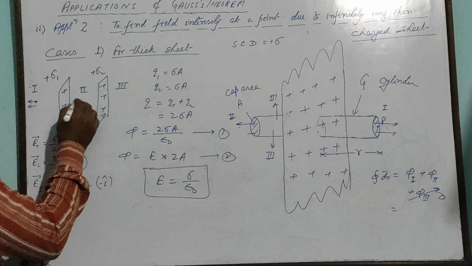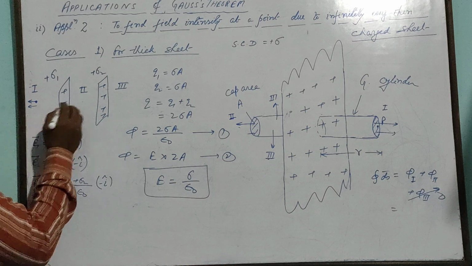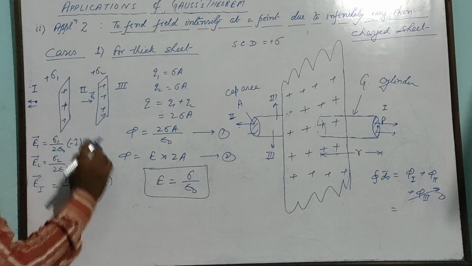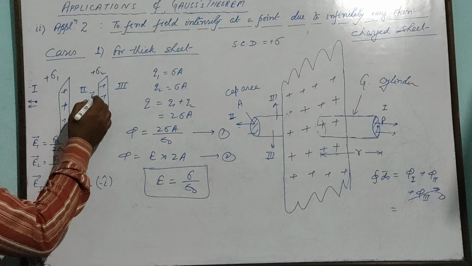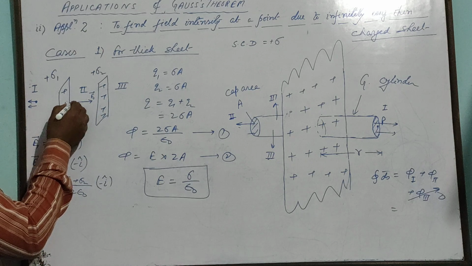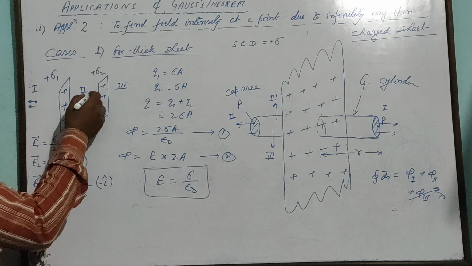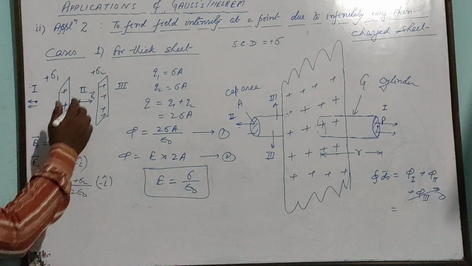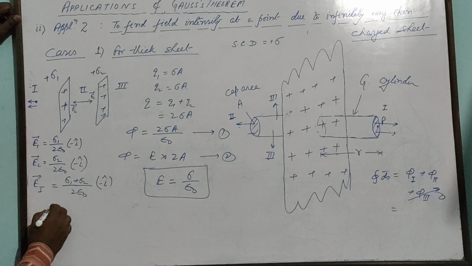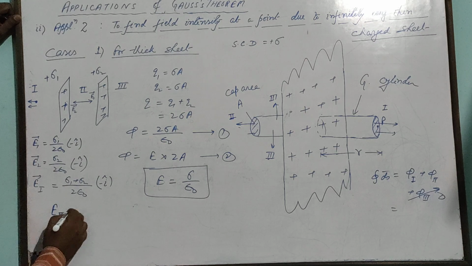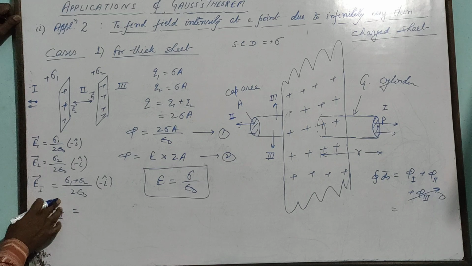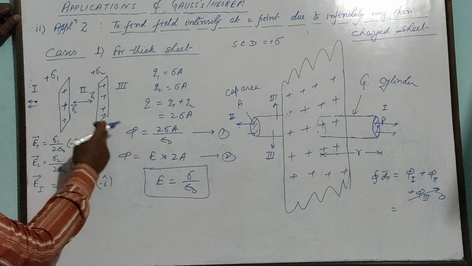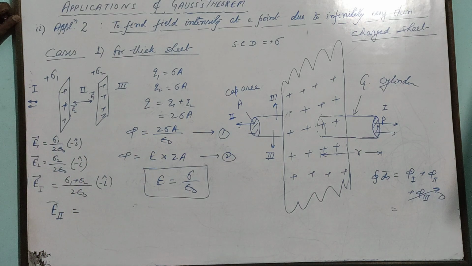Similarly, you can go for zone 2. The direction due to this charge sheet will be radially outward, so along this direction. Due to this one also radially outward, so along this direction. Magnitude for E1, E2 will remain the same, only the change is in direction. So in case 2, first of all, E1 is in plus i direction, E2 is in minus i direction.